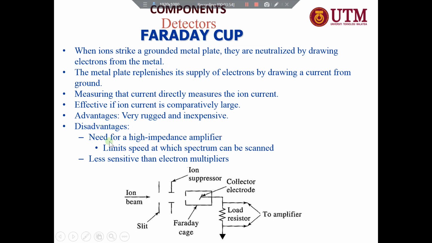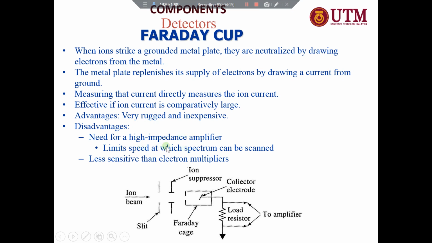But disadvantage, need for a high impedance amplifier. Okay, I have done some reading on high impedance amplifier. It means here it only allows a small amount of current to pass through at the same time.